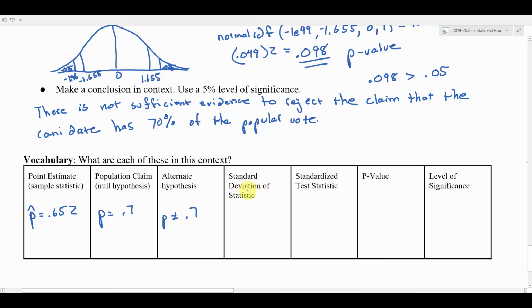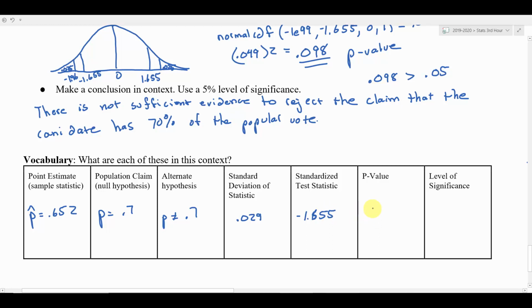Okay, the standard deviation of the statistic, that's where we do the p times 1 minus p, and what we got there was 0.029. The standard, I can't say this enough, this tells you how many standard deviations away from the expected value you are. Okay, and we were 1.655 standard deviations to the left of what we expected to get, which unfortunately was not far enough away to reject the claim.